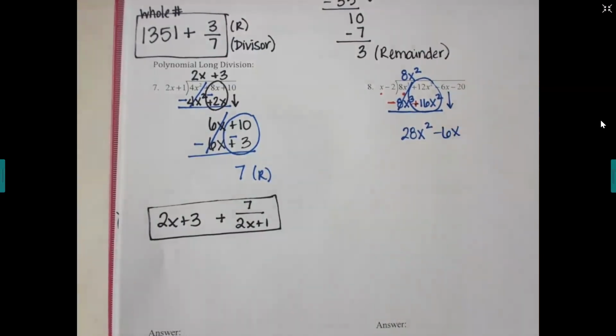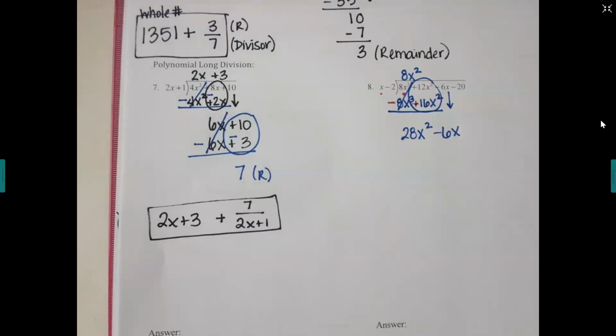Okay, next question. I have a regular x in the front. What do I really want it to be? A 28x squared. Because we added these, remember? But we minused on a minus, turned it to a plus, okay?